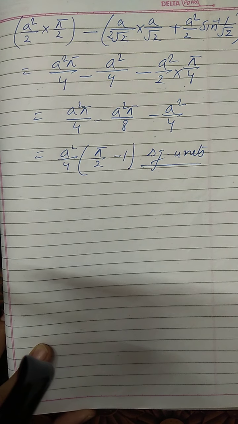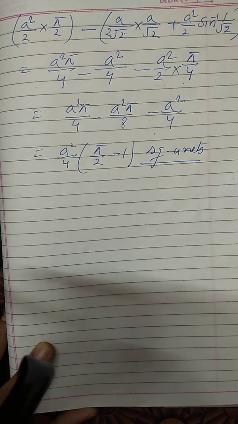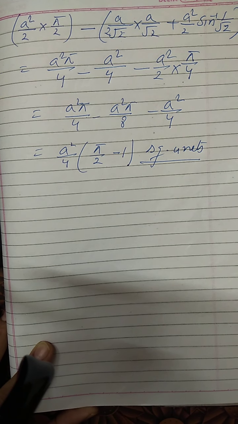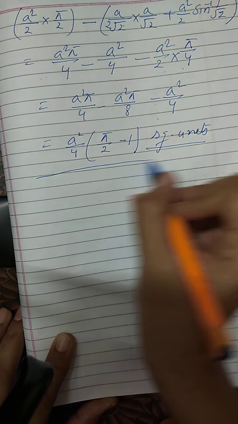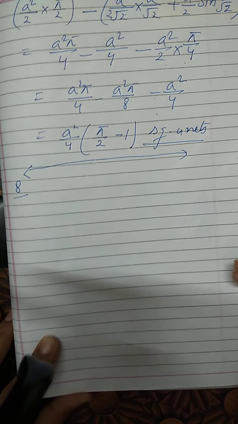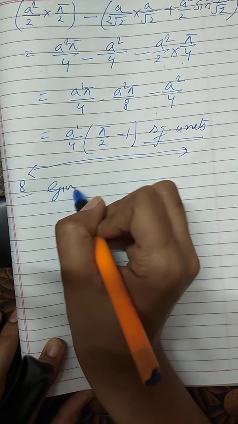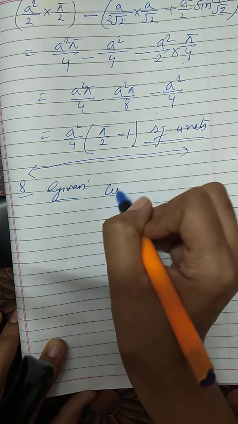Now we have sum number 8. The area between x equals y square and x equals 4 is divided into two equal parts by the line x equals a. We have to find the value of a. So let us write down first of all the given curves.